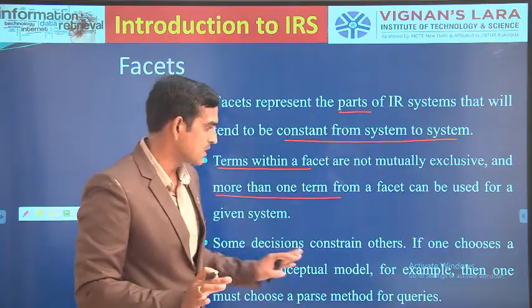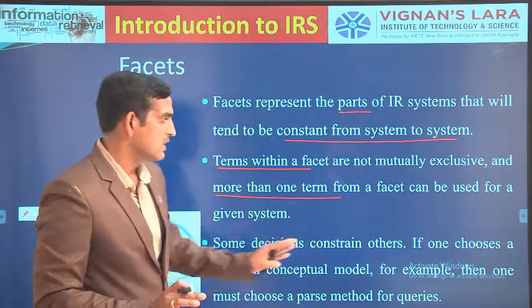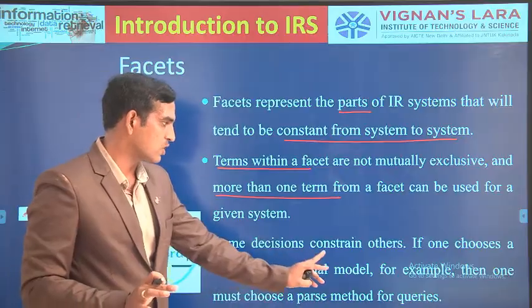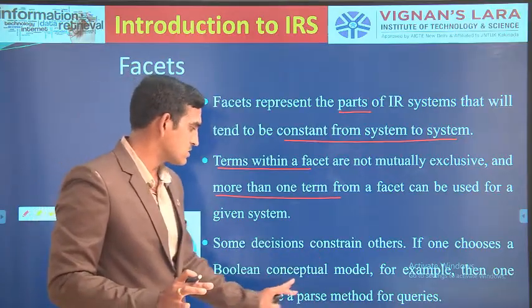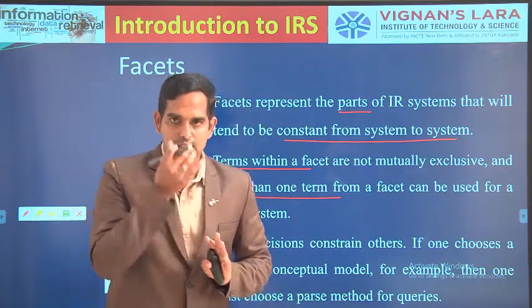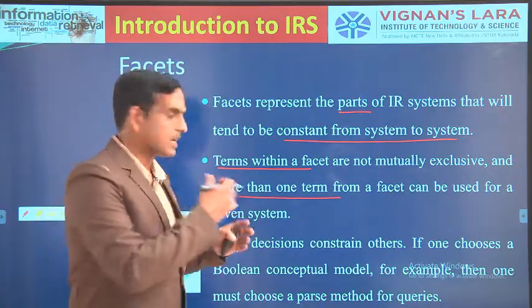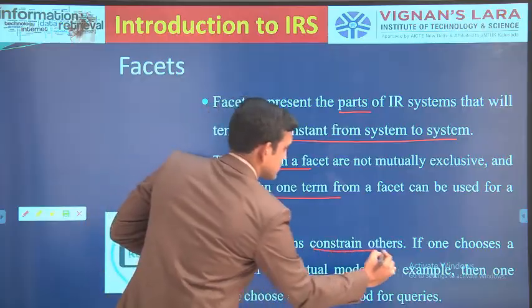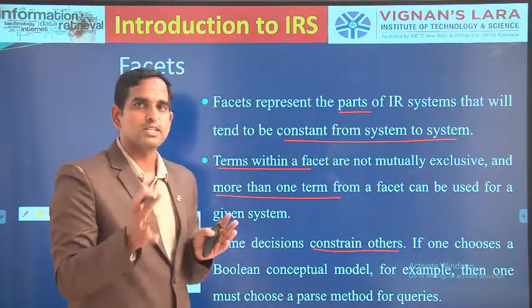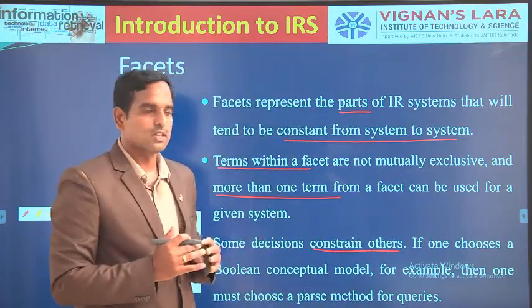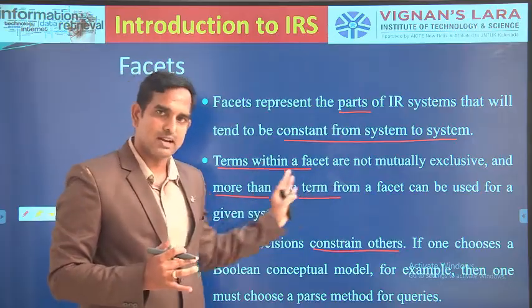Some decisions constrain others. That is, if one chooses a Boolean conceptual model, for example, then one must not choose the pass method for queries. That is, there will be terms in these particular facets which constrain others, so you cannot mix up two different terms here. So they are mutually exclusive.